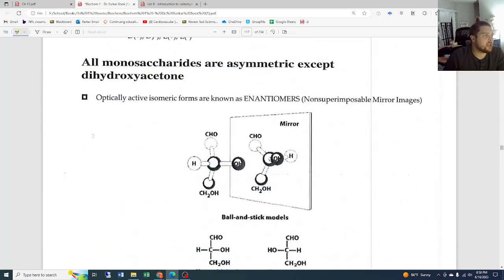So all monosaccharides are asymmetric except for dihydroxyacetone. Whenever there's an exception, we like to ask questions about the exception. So remember that word. Optically active isomeric forms are known as enantiomers.